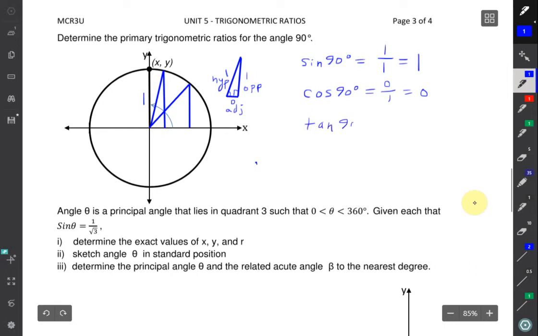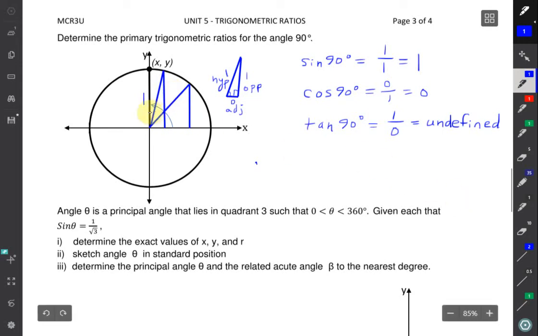And hopefully you recognize a problem here. We have division by 0. So this is undefined. So if you punch in the tan of 90 in your calculator, you will get an error because the value doesn't exist. So that's a special case.